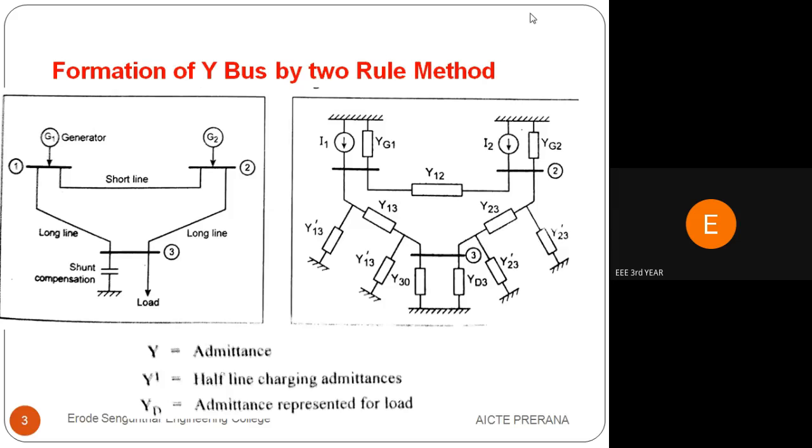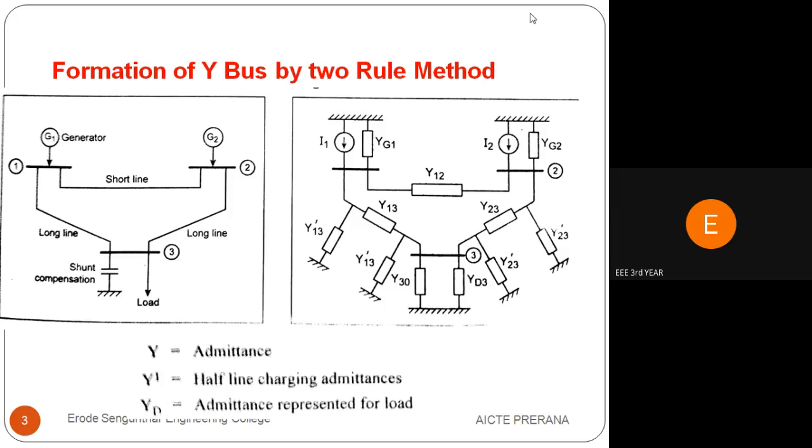Totally, in this network we have four half line charging admittances, that is Y13 dash, Y13 dash, whereas Y23 dash, where 23 is nothing but the line connected between buses 2 and 3. Here Y is the admittance, Y dash is the half line charging admittance, and YD is the admittance represented for load. So I hope you have understood how we are writing the equivalent circuit.